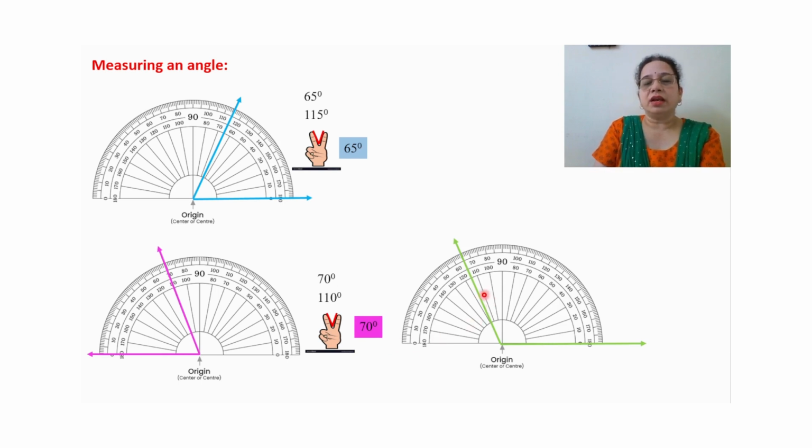Again inner scale measurement is 110 and then 115. Outer scale this is 60 and this is 65. So two measurements we will get, 65 and 115. But this green color arms remind you of the angle between thumb and the little finger, that is an obtuse angle, and 115 is the obtuse angle. So the correct measurement is 115 degrees.